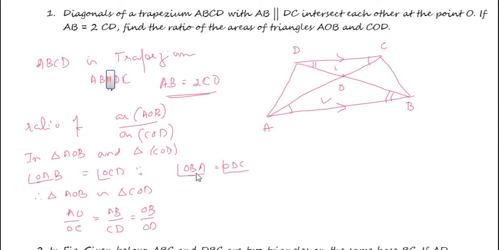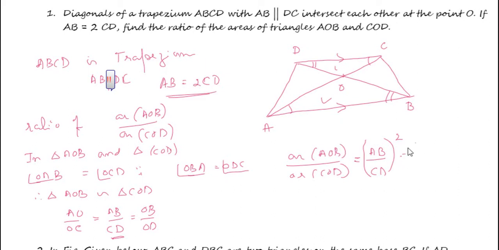Now the ratio of the areas of these two triangles, that is area AOB by area COD, is equal to the square of the ratio of the corresponding sides. Let us take only AB and CD, that is AB by CD whole square. But what is given is AB equals 2CD.